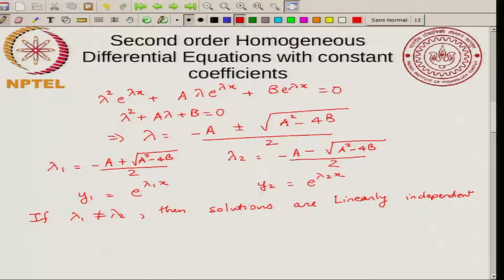And if they are linearly independent, then you can write a general solution y is equal to C1 y1 plus C2 y2. This is very nice because we converted our differential equation into a simple quadratic equation, and we know the roots of the quadratic equation and we can immediately find the solutions.